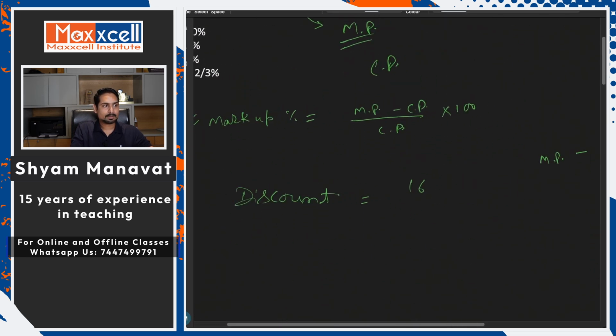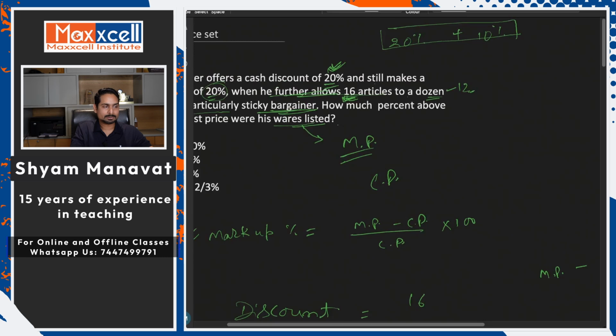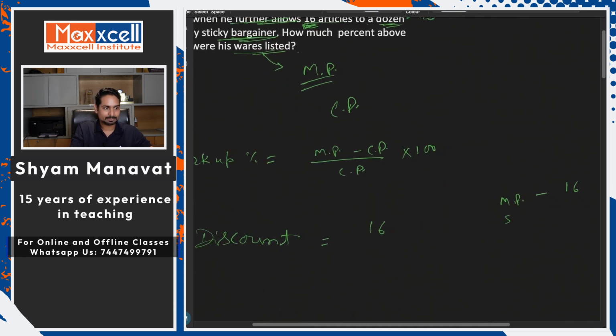But the shopkeeper settled with a dozen, so he is actually paying only for 12 articles, that is 12 rupees. He was supposed to pay for 16, but ends up paying only for 12.